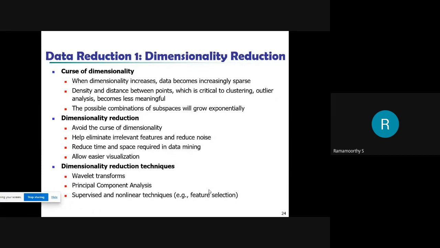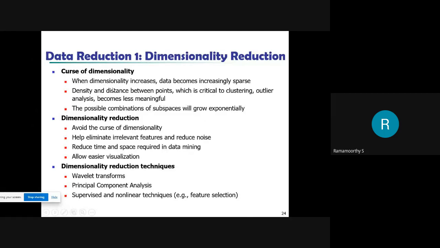So the first strategy is dimensionality reduction. Curse of dimensionality: when the dimensionality increases, data become increasingly sparse. The density and the distance between points, which is critical to clustering and outlier analysis, become less meaningful.